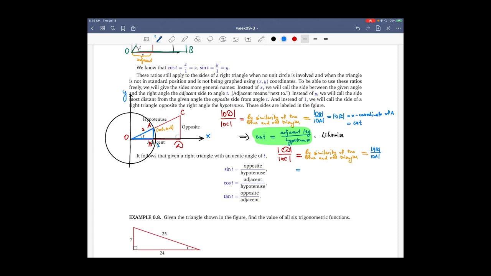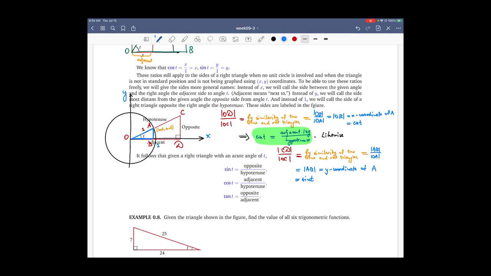But again, OA is 1 because it's a radius of the unit circle. So we simply get AB, and of course AB is the y-coordinate of the point A, and that is by definition sine t.